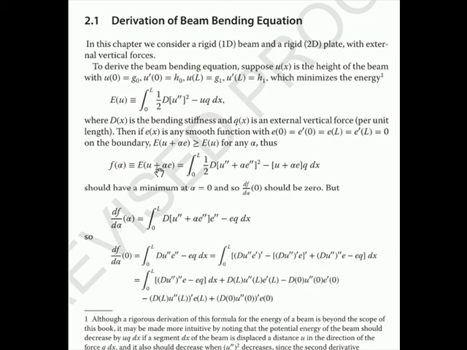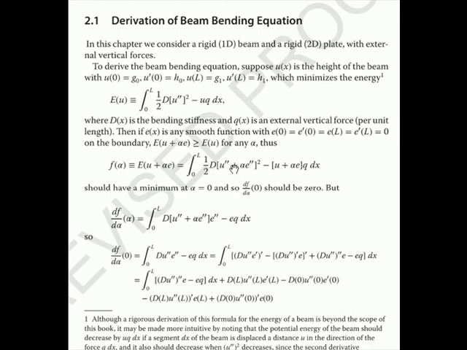So what is the energy at U plus alpha E? Remember, U and E are functions of x. Alpha is a scalar. Just replace U by U plus alpha E here and here. Take the derivative with respect to alpha.